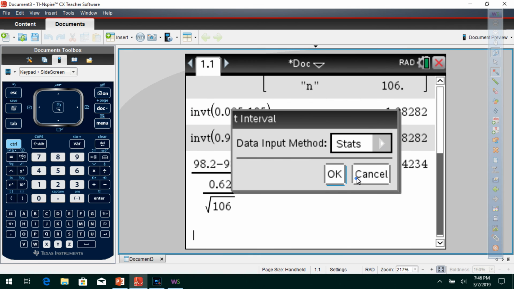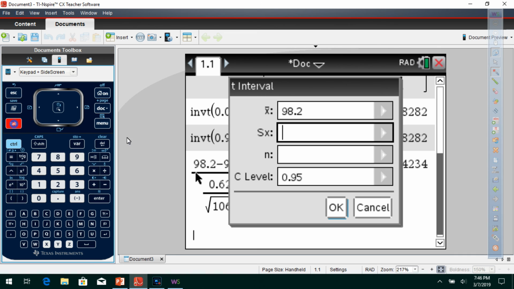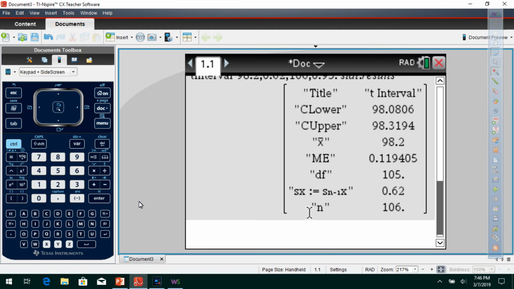And we'll use stats. All right. And X bar 98.2. And S is 0.62, N is 106, and we're going to do a 95% confidence level. All right, what did we get?